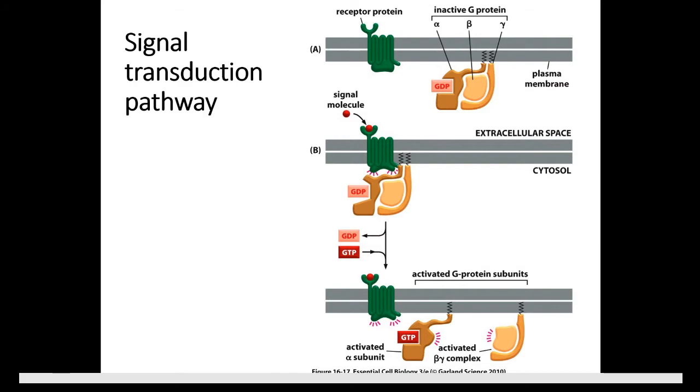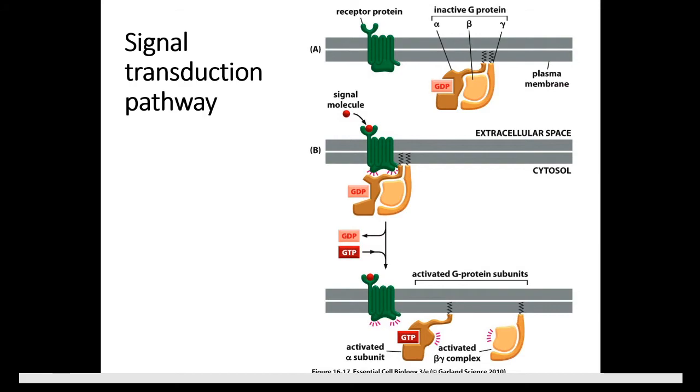In the internal cell membrane, we have the G protein. This G protein has an alpha subunit, beta subunit and gamma subunit. The alpha subunit receives the signal from the external receptor, and the GDP is converted to GTP.